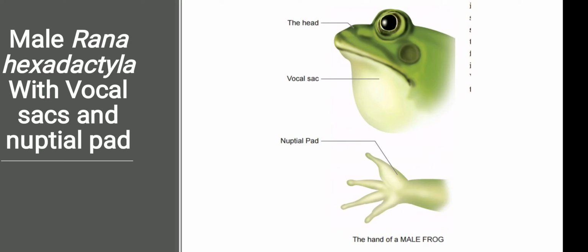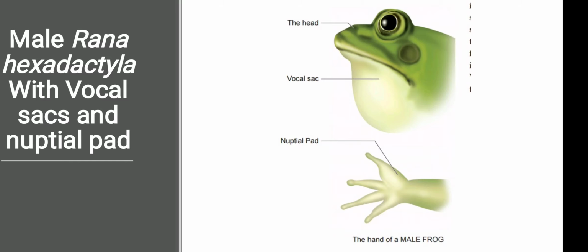See here the vocal sac and a copulatory or nuptial pad on the ventral side of the first digit of each forelimb. See the hand. Vocal sacs assist in amplifying the croaking sound of the frog. Vocal sacs and nuptial pads are absent in female frog.